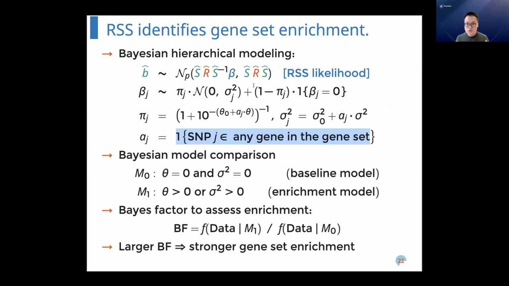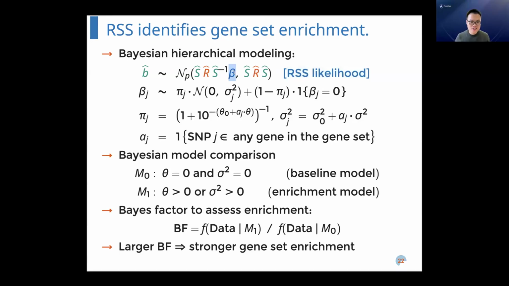So all I have to do is to combine the RSS likelihood that I presented earlier, that takes the GWAS summary statistics as input, and then combine this likelihood with the annotation-dependent prior that I just went over. So beta J will have a different prior distribution depending on whether SNP-J belongs to this gene set or not. So you can see the whole framework works because beta serves as a bridge.